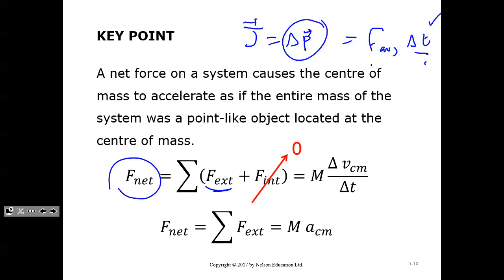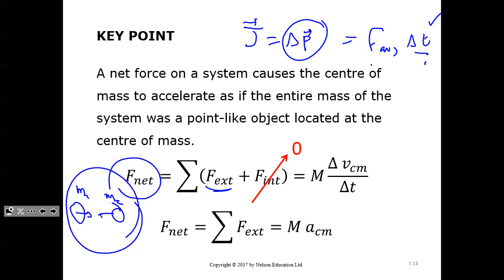We are talking about a system now, right? Maybe there are two objects, not just a one-object system. For this system, there will be forces coming from outside, which we call external forces. And there will be internal forces, meaning forces that are due to interaction between these two objects or more than two objects. So those are internal forces.